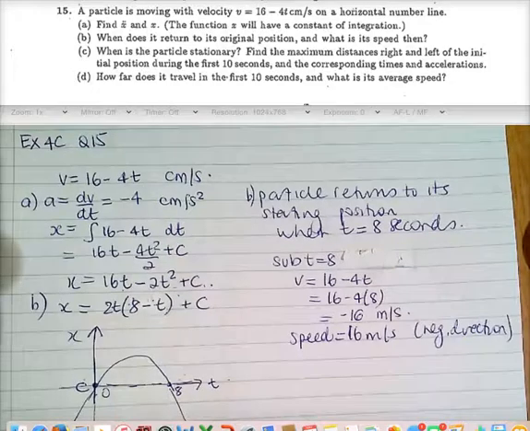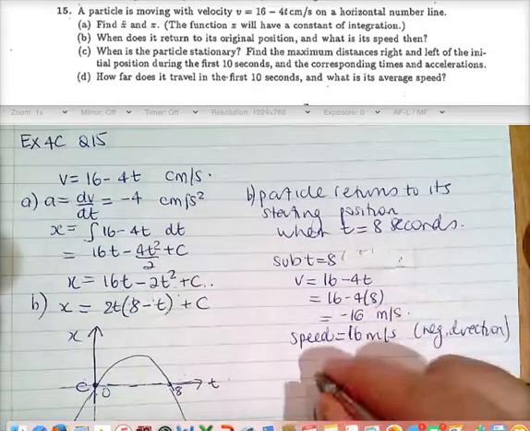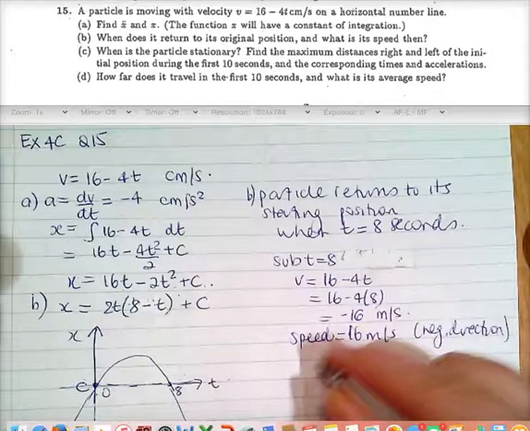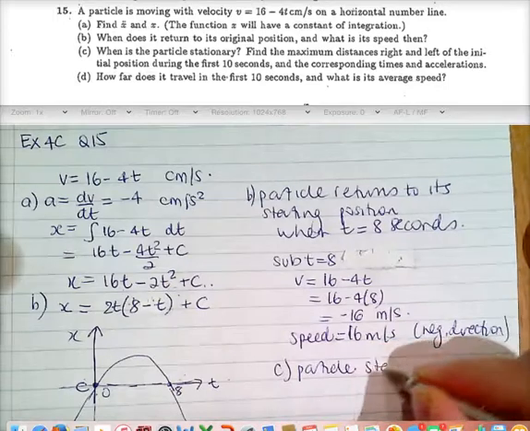Now for part C, when is the particle stationary? The particle is stationary when velocity is 0.